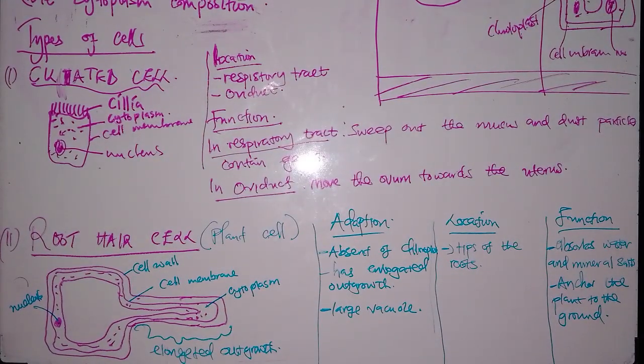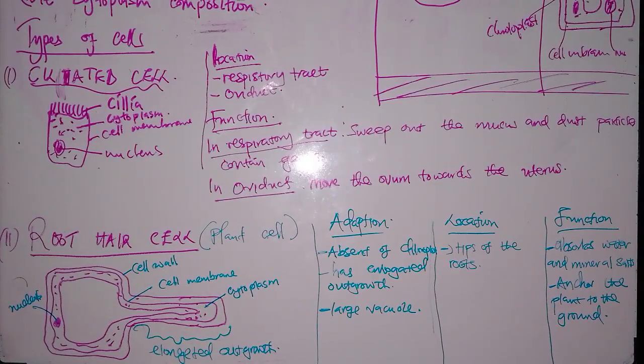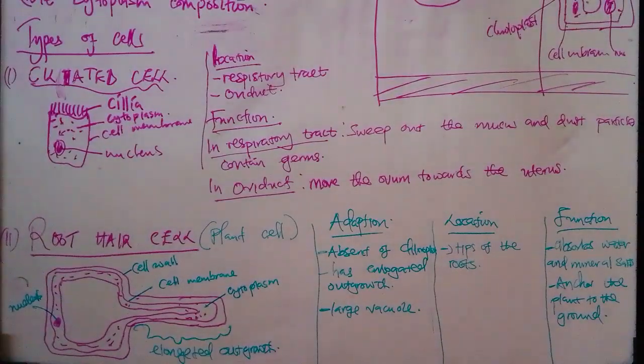We said in the previous video that the vacuole is responsible for the absorption of water and the minerals. So if it has a large vacuole, it will increase the absorption and what? The movement of water in and out of the plant.